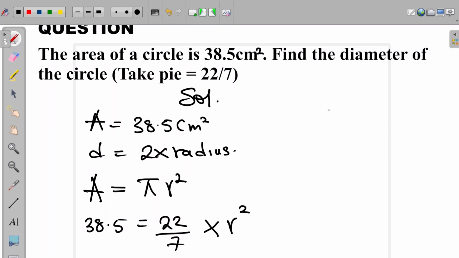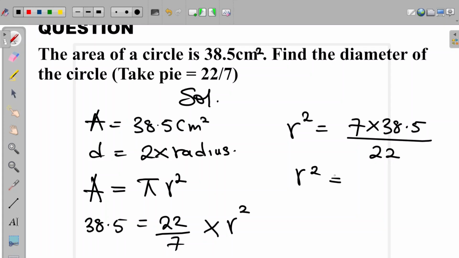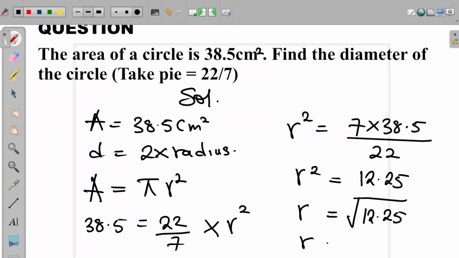So if we make r squared the subject, we have that r squared is equal to 7 times 38.5 divided by 22. So r squared is equal to 12.25. Now to obtain the value of r, we take the root of both sides. So the equation becomes root of 12.25. Therefore r is equal to 3.5 cm.